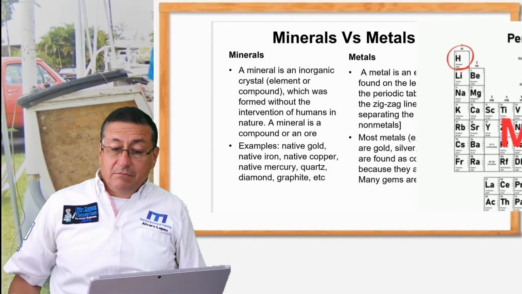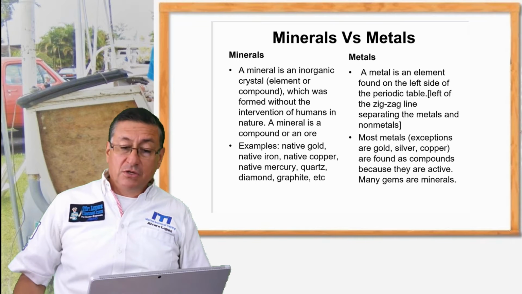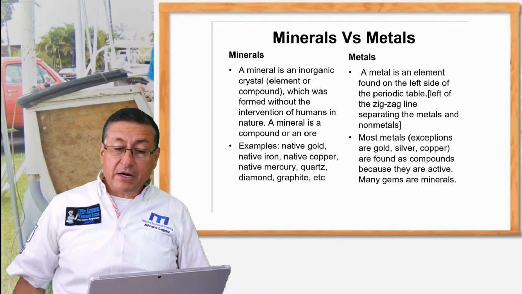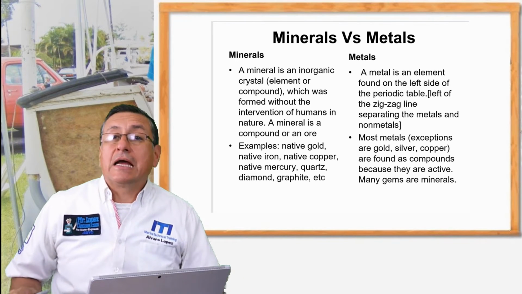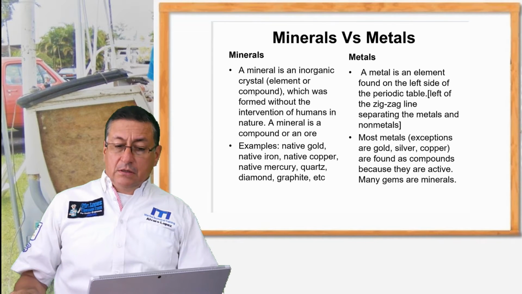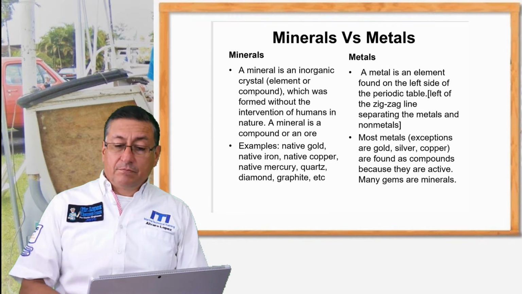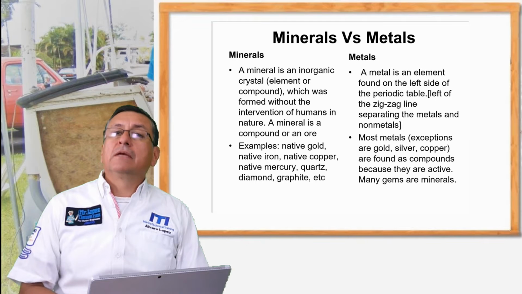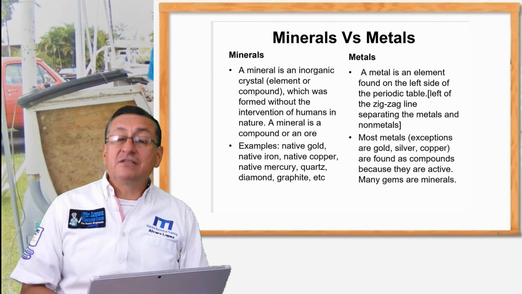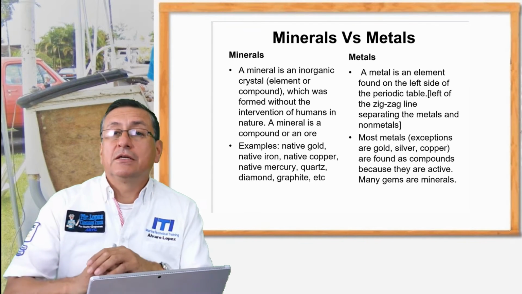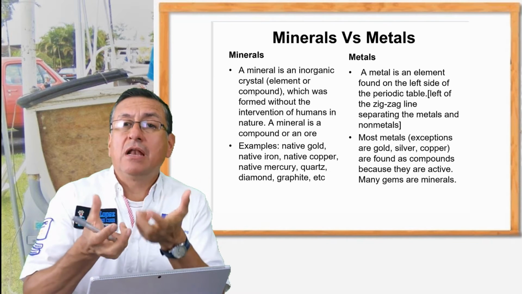Most metals, with some exceptions, gold, silver, and copper, are found as a compound because they are active. But except gold, silver, and copper, you find those metals in natural form.